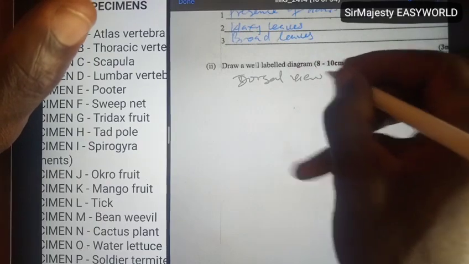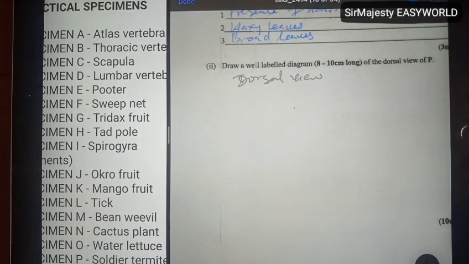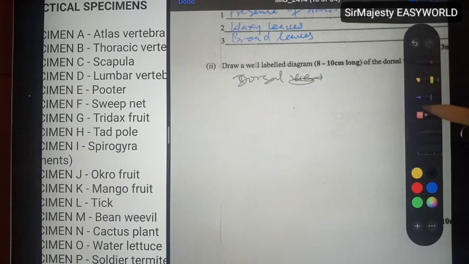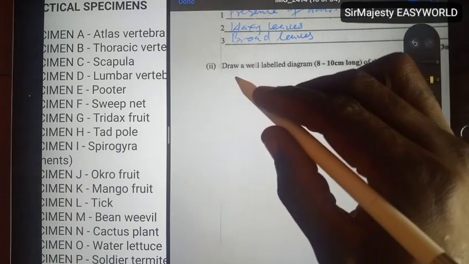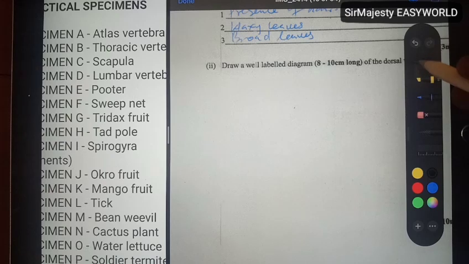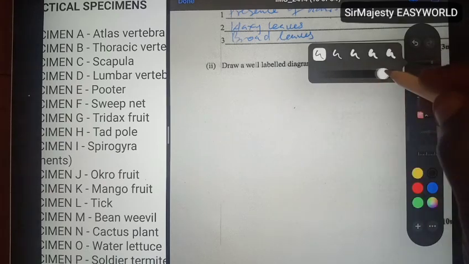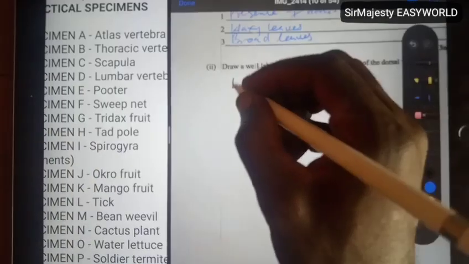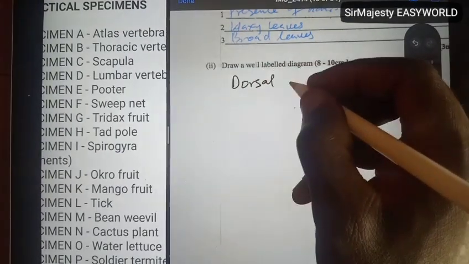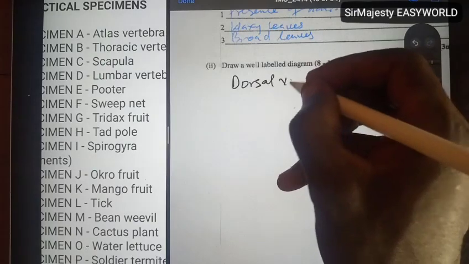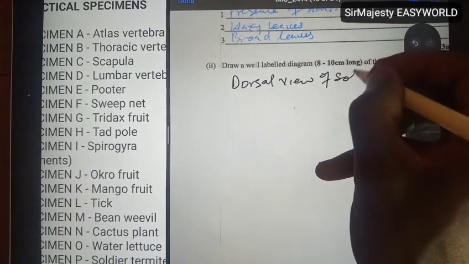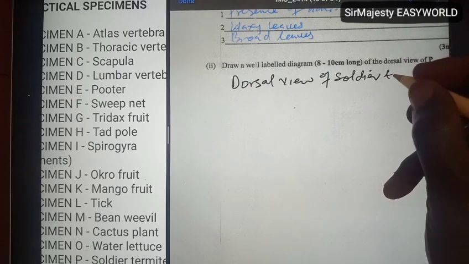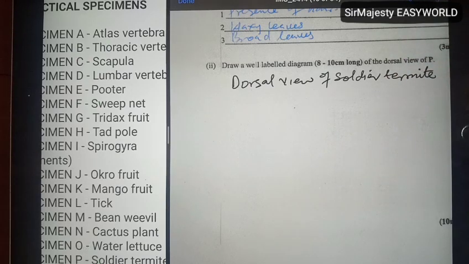Dorsal view of soldier termite. So that's it.